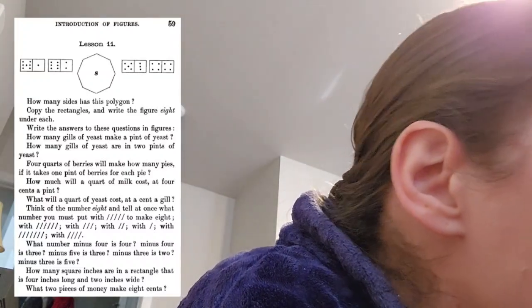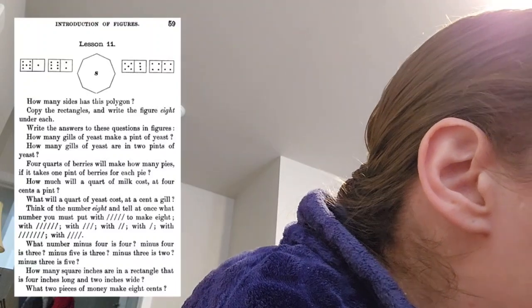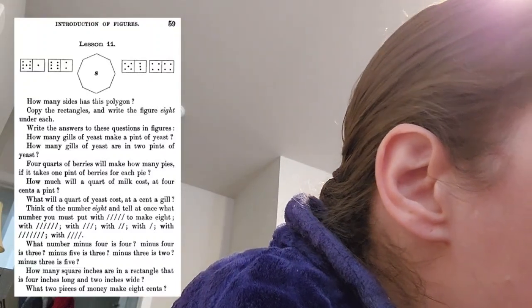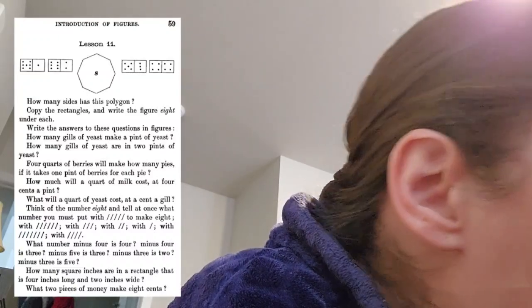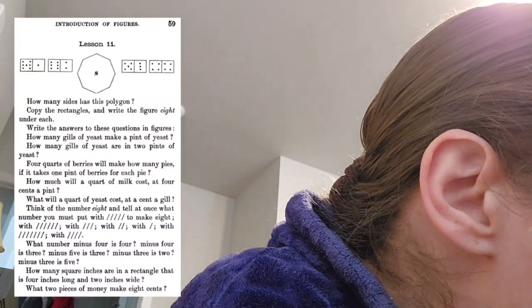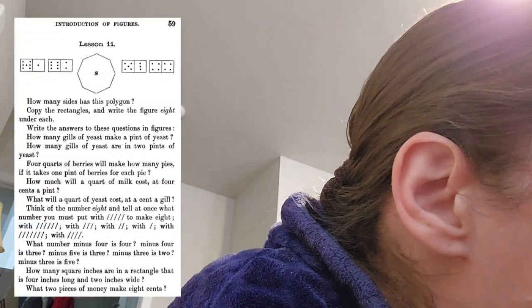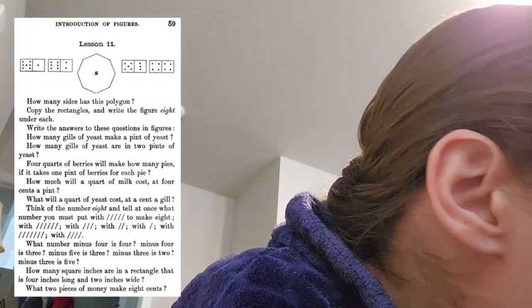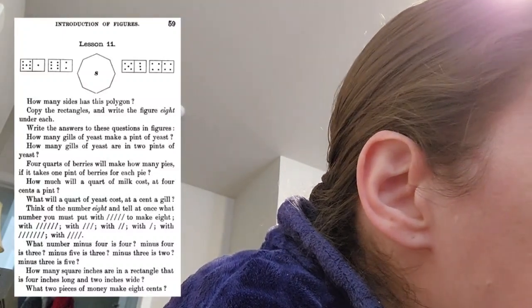What is it, Norm? Oh, okay, we did the one with the gills. 4 quarts of berries will make how many pints if it takes 1 pint? Wait, what are you talking about, pies?